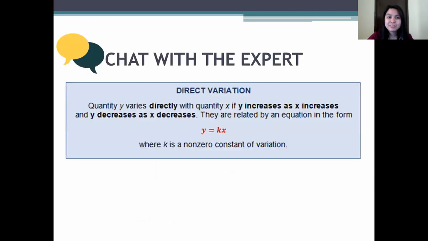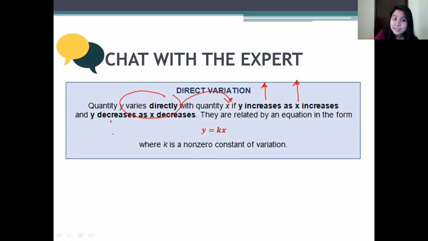Now, today let's talk about direct variation. Now, what is direct variation? Direct variation states that if y varies directly as a quantity of x, so if y increases, then x increases.